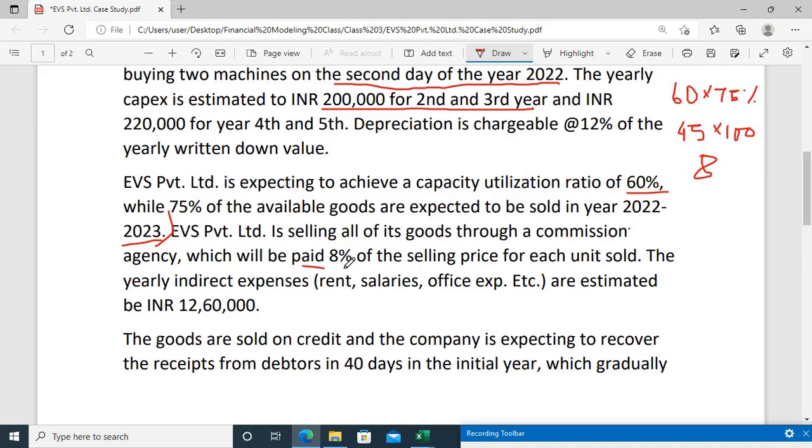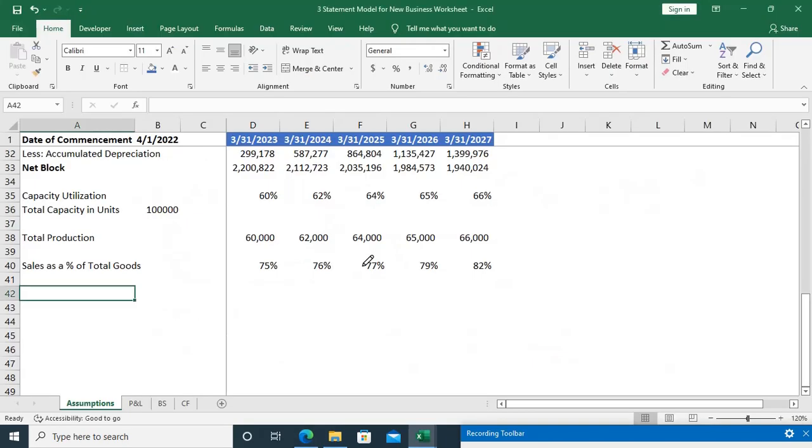Let us deal with this commission part first. Sales commission 8%. I'm just keeping it here.